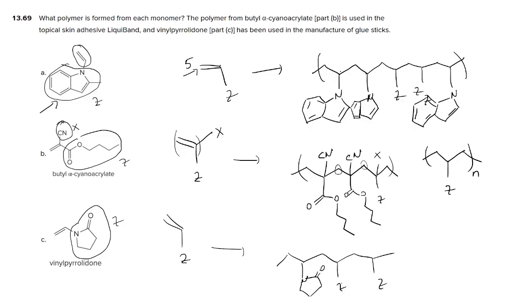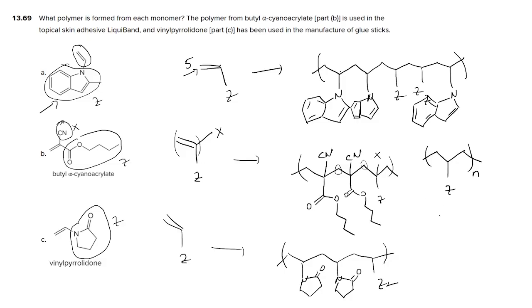I'm going to do the same for this repeating part. There's a nitrogen, it's part of a 5-membered ring. There should be a carbonyl oxygen. You can do the same for the Z. So make sure that you start from here and you end here. So that's the repeating unit.